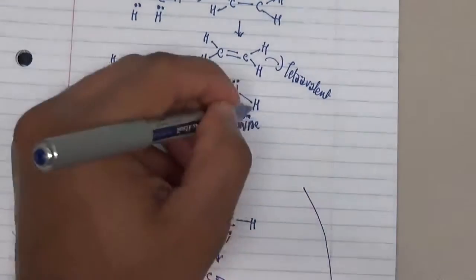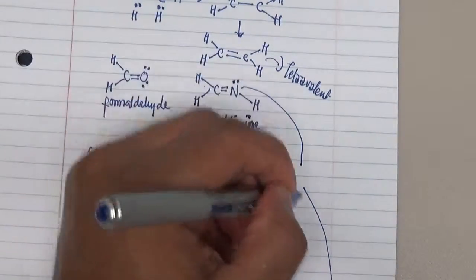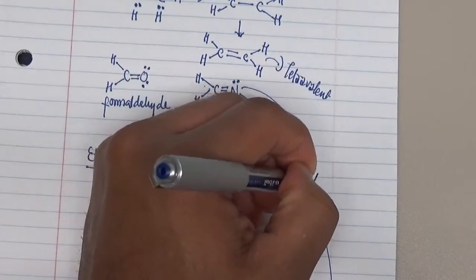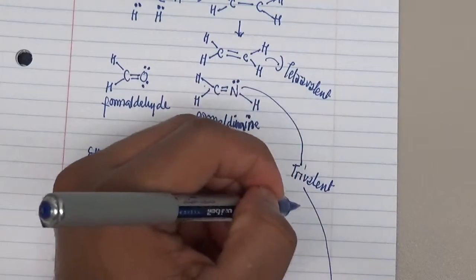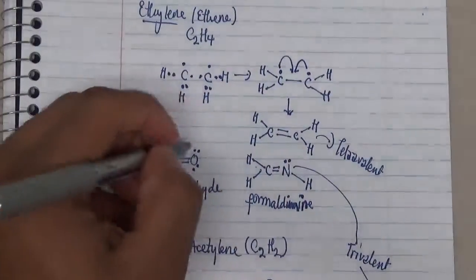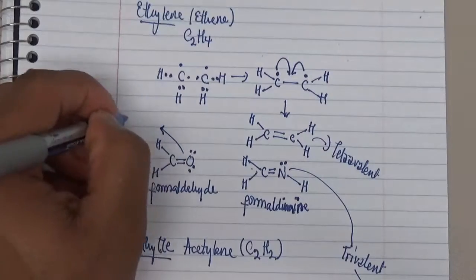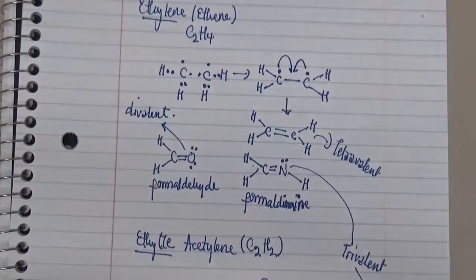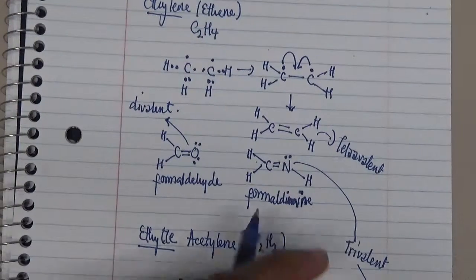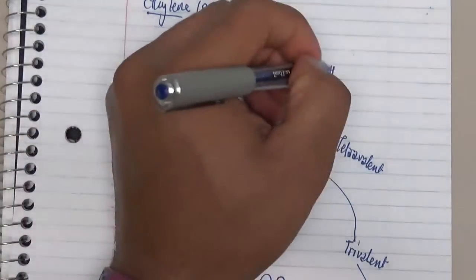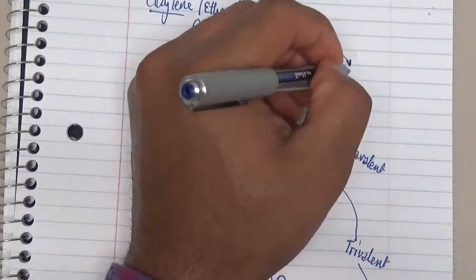Nitrogen is called trivalent because it has 3 bonding pairs surrounding the nitrogen. Oxygen is called divalent. And last, if you're looking at hydrogen or halogens, we call them monovalent.